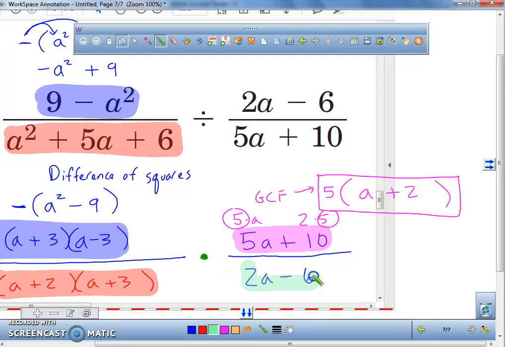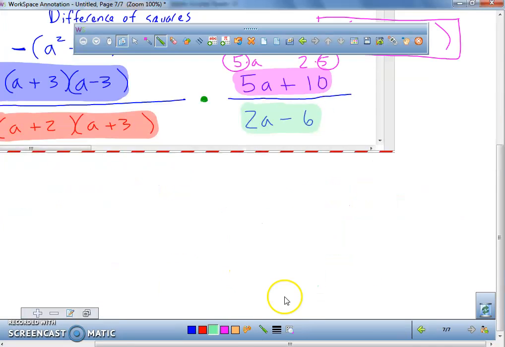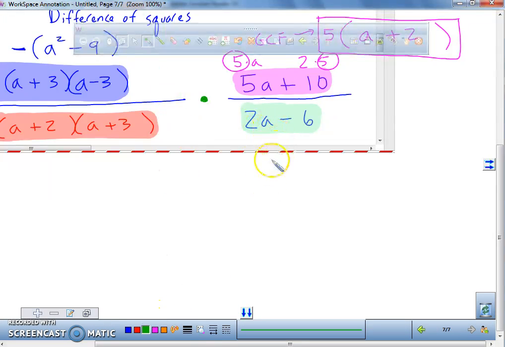Now I'm going to go down here in the denominator. I'm going to go green. What are the factors of 2a? 2, right? What are the factors of 6? 2 and a 3. Now be careful. There's a negative sign right here. There's like a -1 being brought down.